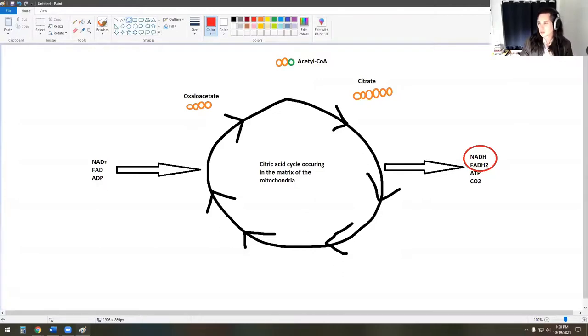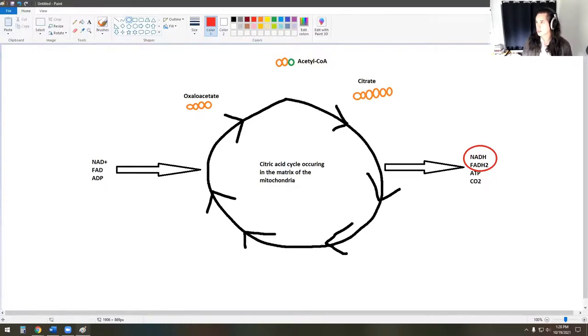Where's the Calvin cycle going to occur within the chloroplast? Yes, in the stroma. Okay, here's another question. During fermentation, what molecule is oxidized and fed back into glycolysis?